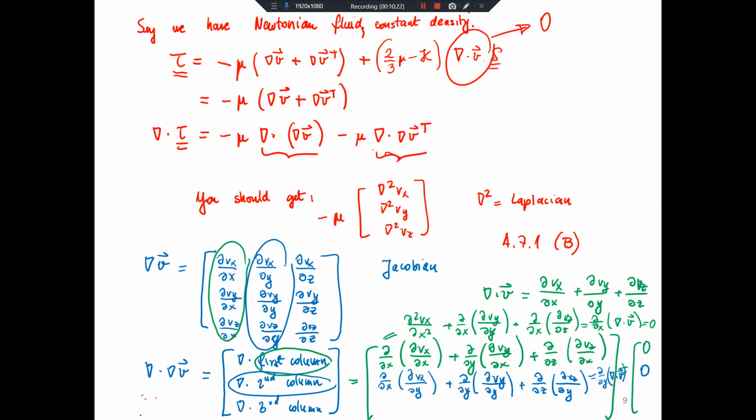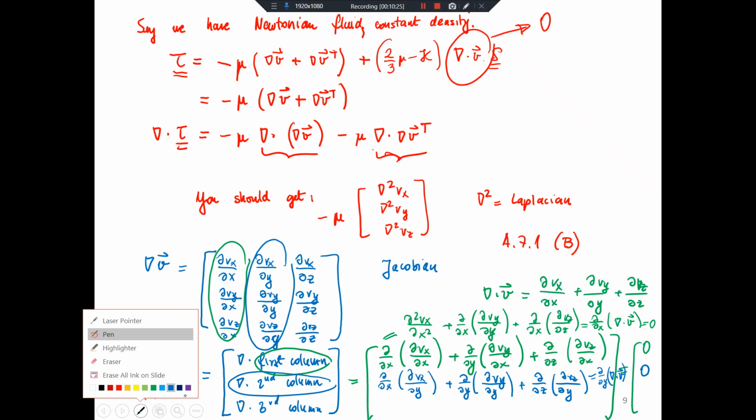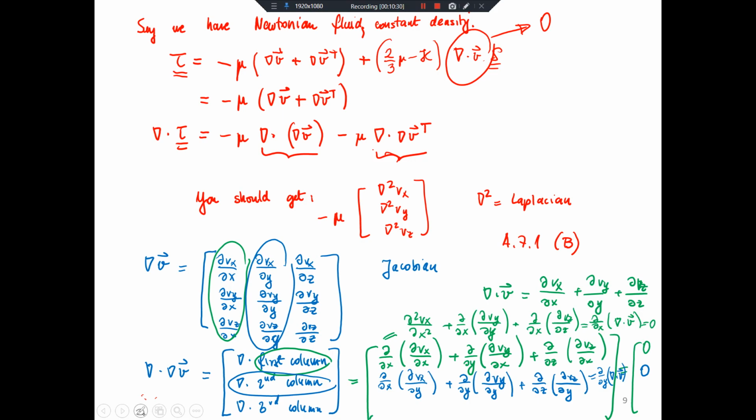And similarly, you can see where this is going. Similarly, when I take this third column, I will get that this is equal to d dz of the divergence of v after flipping the order of differentiation, and that is equal to 0 as well.